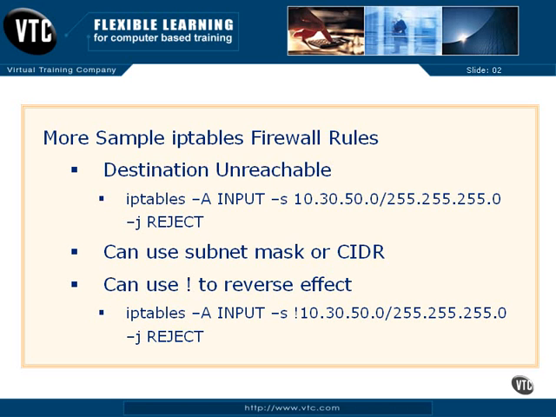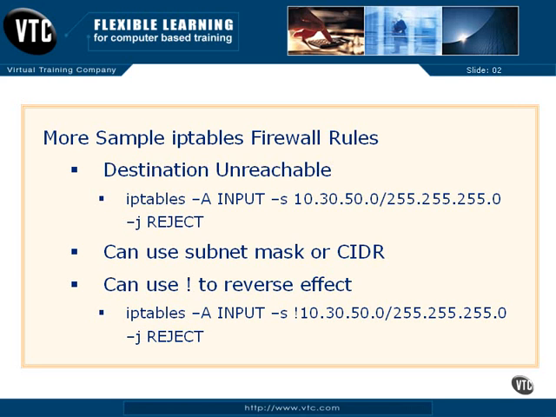The next command here results in a destination unreachable message sent to anyone on the 10.30.50.0 network. Note how I organize IP addresses in these iptables commands. In some of them I use the full subnet mask, in others I use CIDR notation. They work equally well.